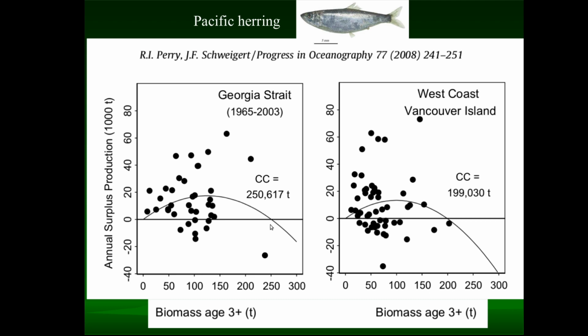And examples of Pacific herring show different carrying capacities at different locations. Georgia Strait versus west coast of Vancouver Island, for example. And that indicates perhaps different levels of food supply.